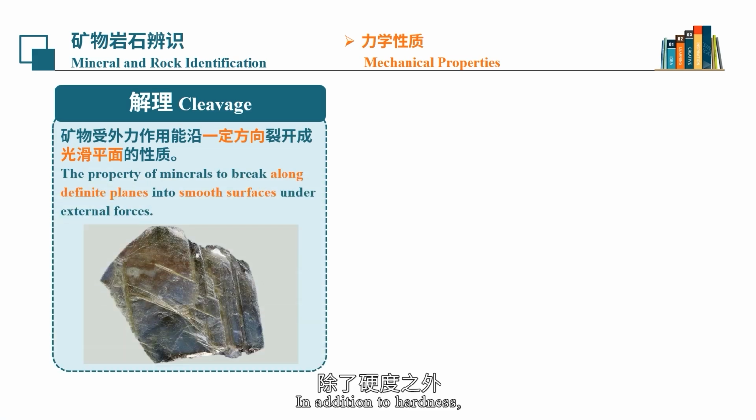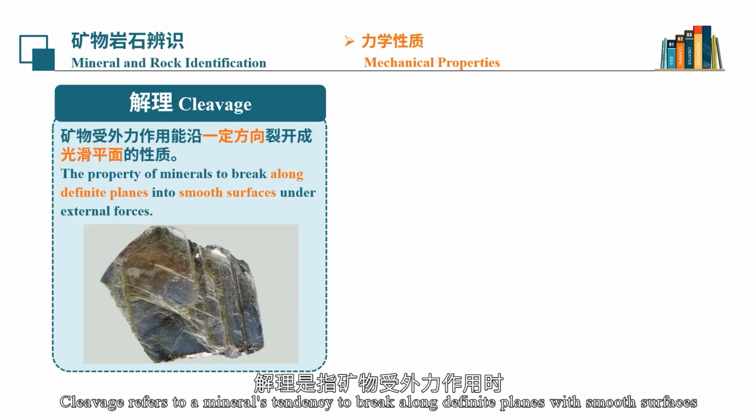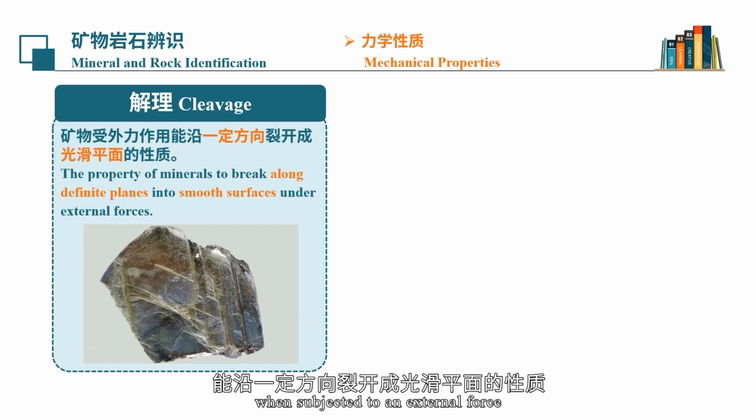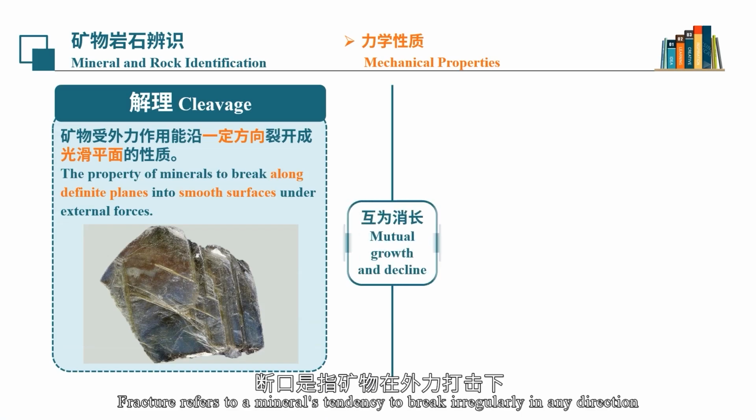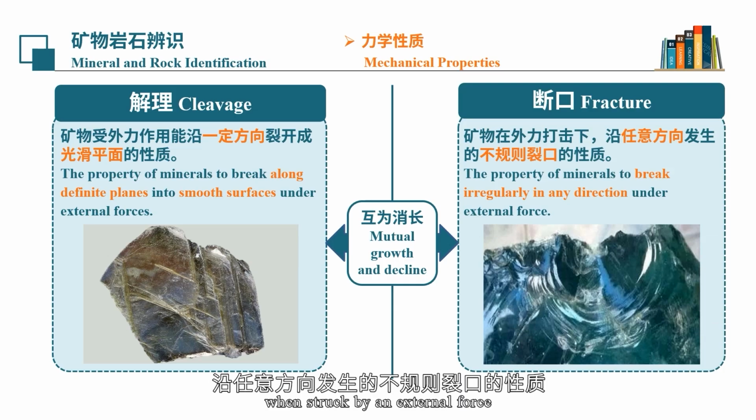In addition to hardness, cleavage and fracture are also important mechanical properties of minerals. Cleavage refers to a mineral's tendency to break along definite planes with smooth surfaces when subjected to an external force. Fracture refers to a mineral's tendency to break irregularly in any direction when struck by an external force.